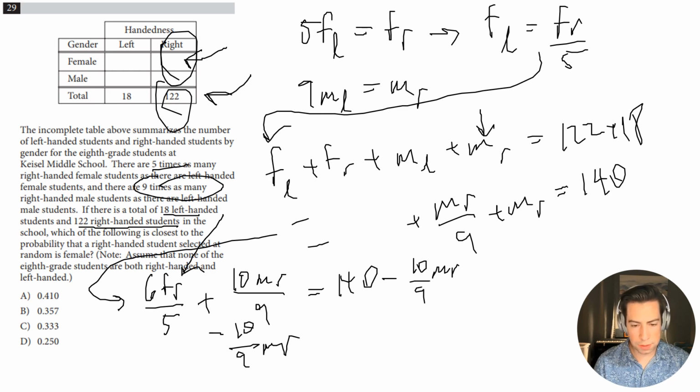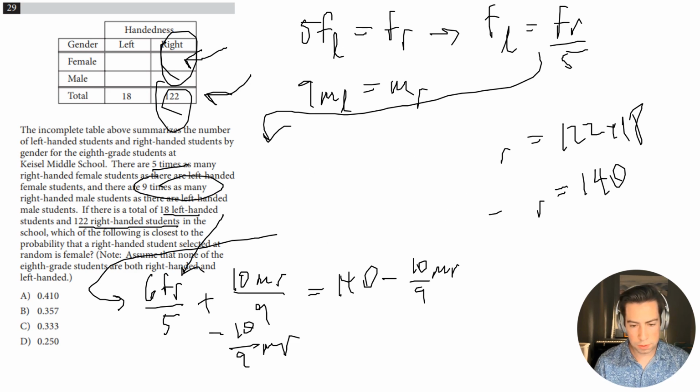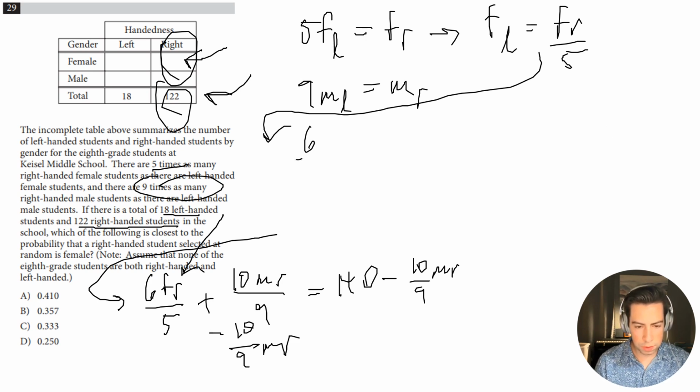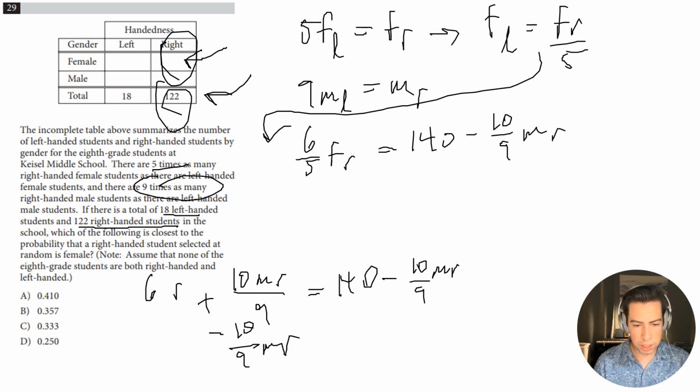Let me clear some space here. Okay, so now I have that 6/5 f sub r equals 140 minus 10 ninths m sub r. For this part, we're going to need to figure out what is m sub r.